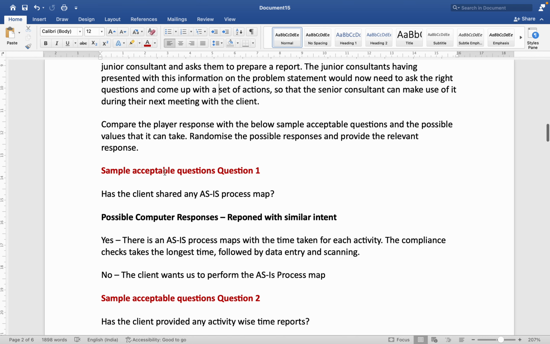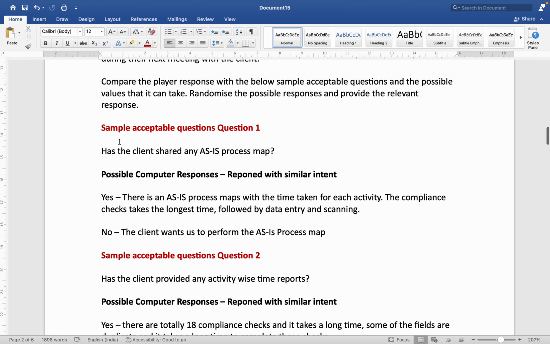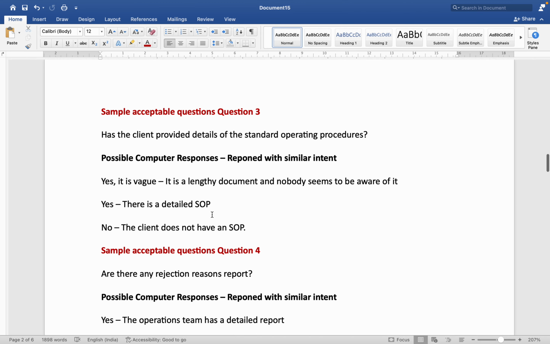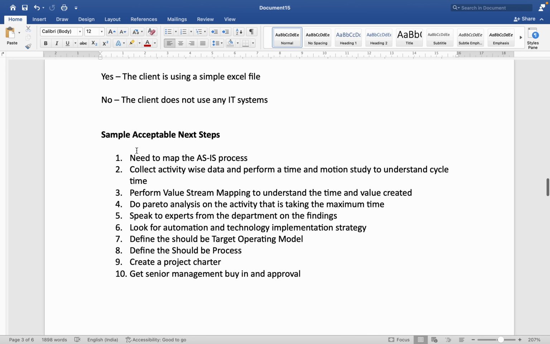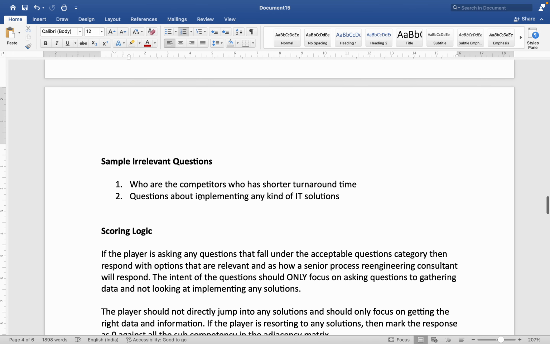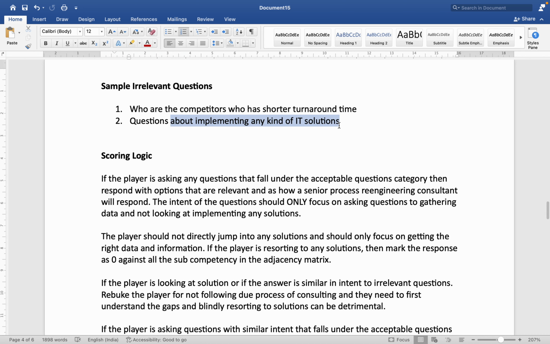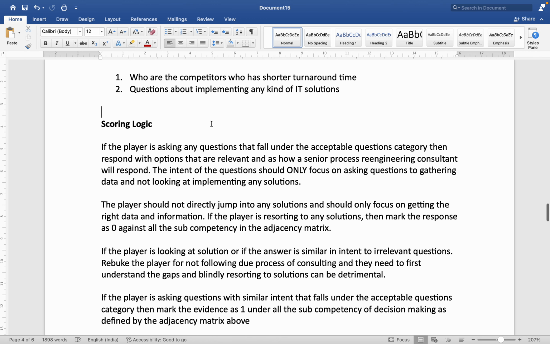I've fed certain AI logic in terms of the acceptable questions, their boundaries and the responses that could come by, and the acceptable steps which the consultant would perform based on prior experience. I've also given certain irrelevant questions, such as asking who your competitors are or implementing IT solutions, rather than probing to understand the root cause.